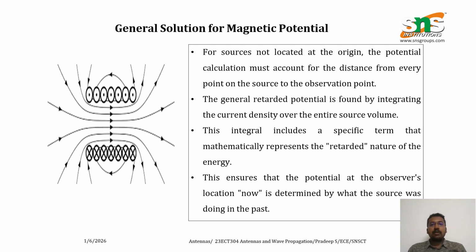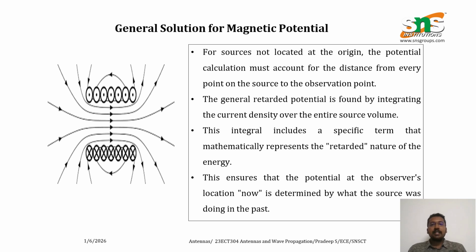When the source is not located at the origin, the calculation of the potential must consider the distance from every point within the source region to the observation point. In such cases, the general form of the retarded potential is obtained by integrating the current density over the entire volume of the source.